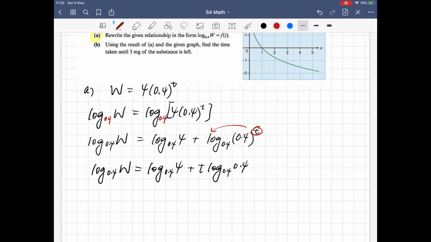So as you can see, log 0.4 with base 0.4, they are the same value, and therefore we know that the value of it is 1. And we can write the final answer. That is log w with base 0.4 equals log 4 with base 0.4 plus t times 1, that is t. Then we finish part A.